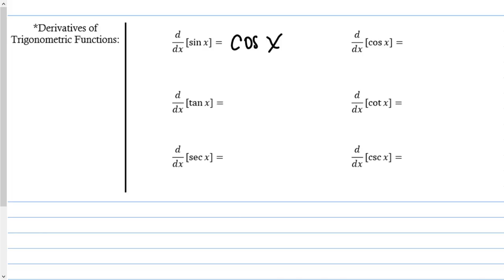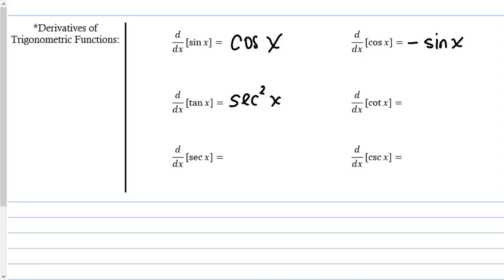Now, the slopes of cosine end up being the same as a negative sine. So it's sine, but upside down. Tangent, when I derive tangent, I get secant squared x.